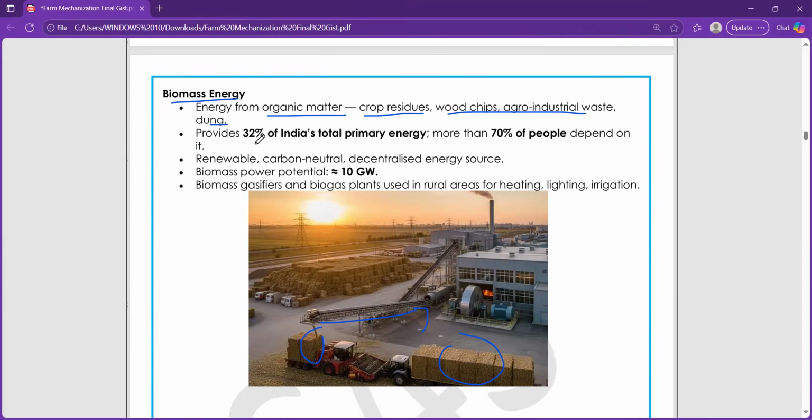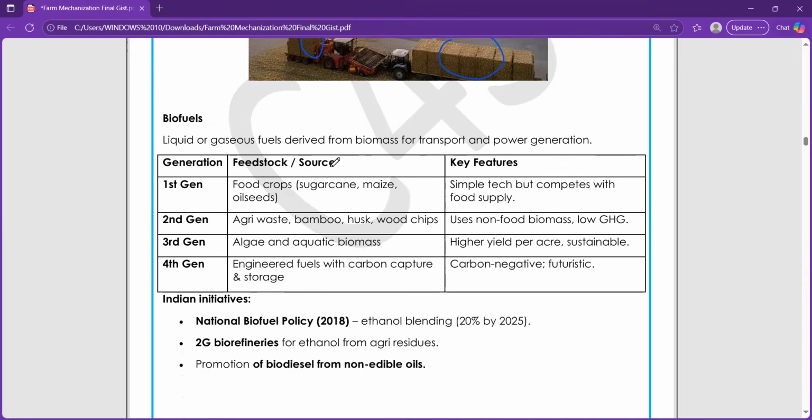In India, it is around 32% of the total primary energy source, and more than 70% of people generally depend on this energy. It is renewable in nature, carbon neutral, and a decentralized energy source. So far, we have a potential of 10 gigawatts, and biomass gasifiers and biogas plants used in rural areas for heating, lighting, and irrigation are prominent ways to recover biomass energy. Okay. Next, we have biofuels.